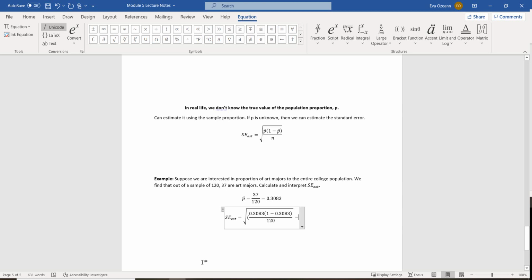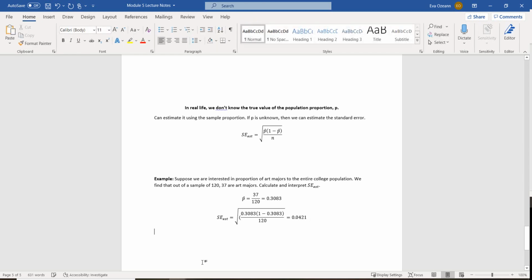So that's going to be 0.3083 times 1 minus 0.3083, all divided by our sample size, which remember was 120. So it's not just the affirmatives we got in our sample, it's the entire sample. So when we do that, we're going to get 0.0421 for our standard error.